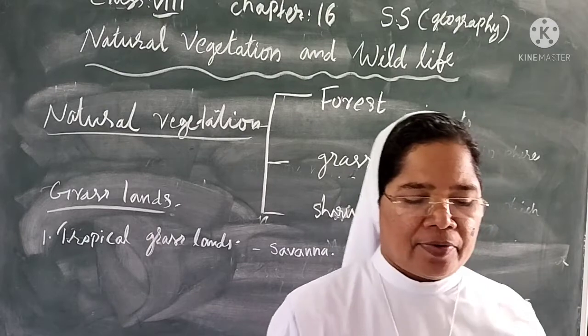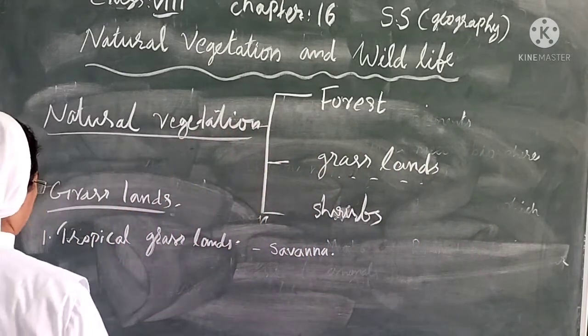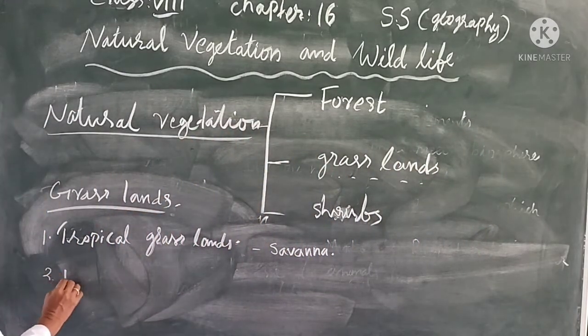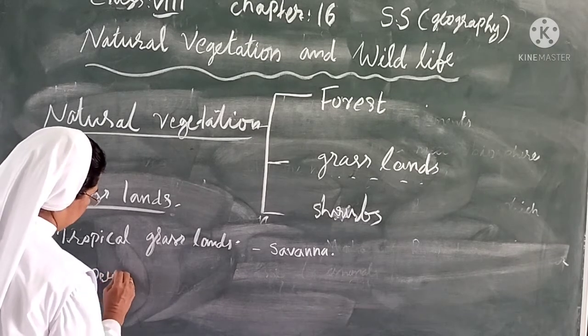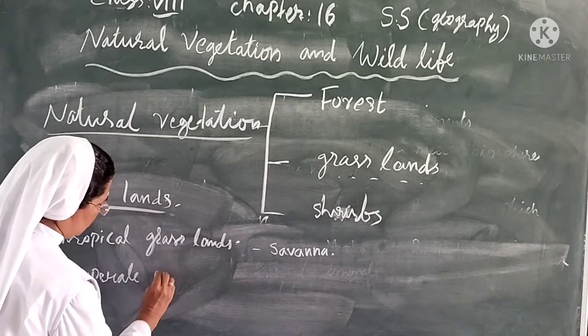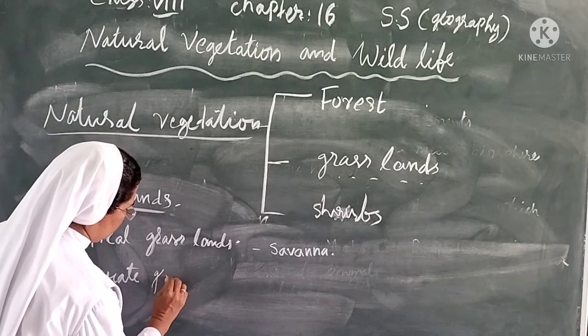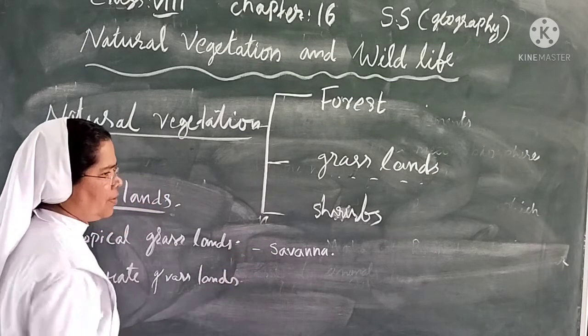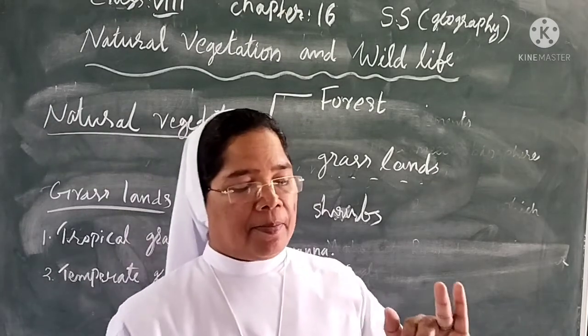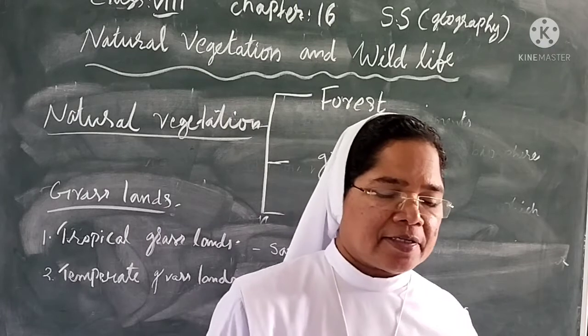So the next is the temperate grassland. The second one is the temperate grassland.